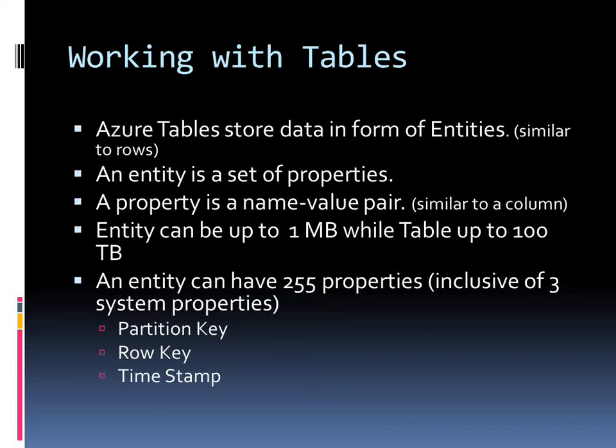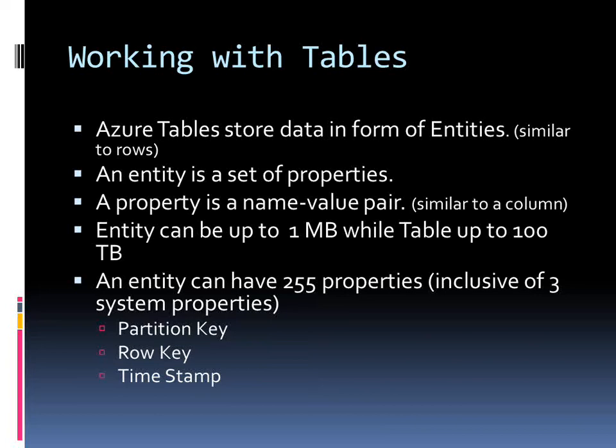These properties are partition key, row key, and timestamp. These are 3 system properties that you will see in each and every entity of your table. The system property names are reserved, and these names you will not be able to change.